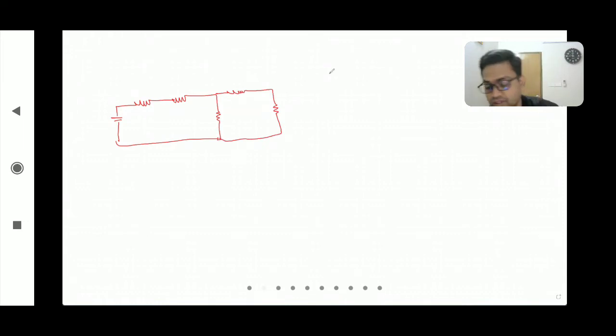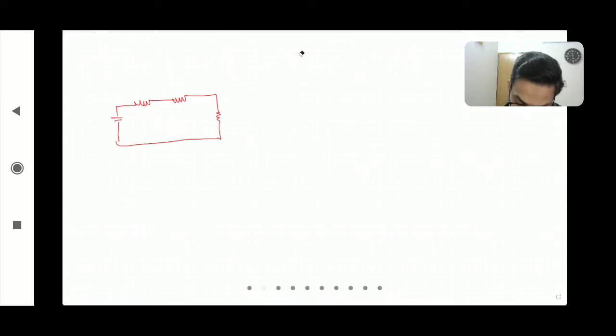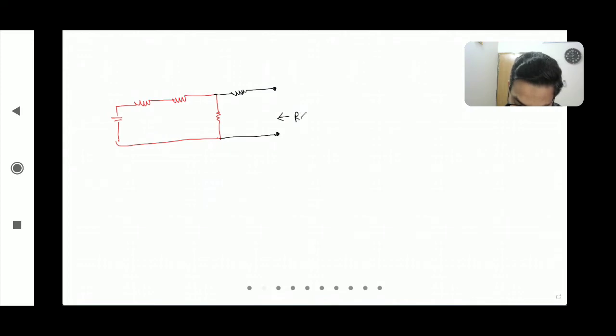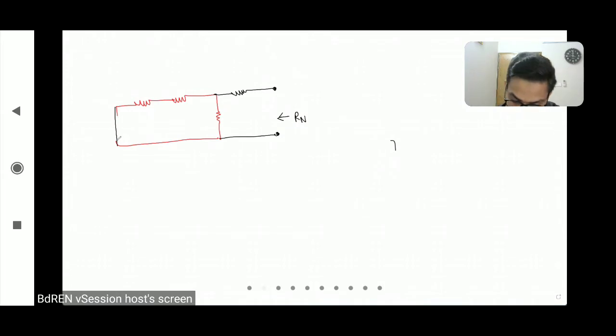So if you find the Rn, what is the Rn? If you remove the load, and make the source short, you need to find the Rn from this side. So what will be the equation of Rn?